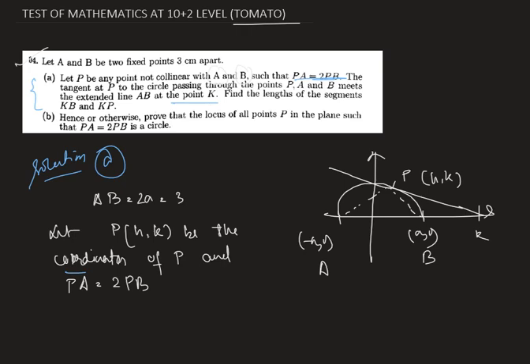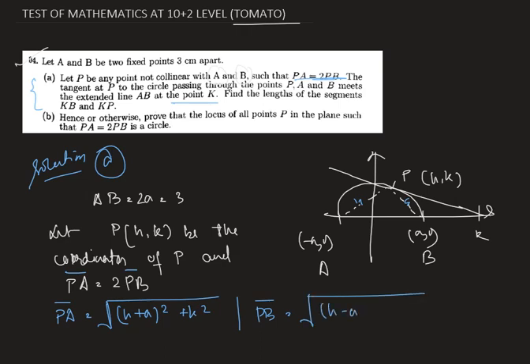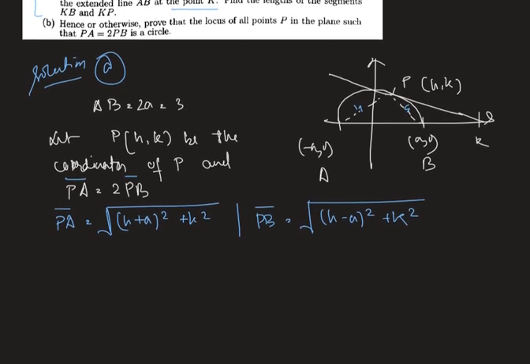Here PA and PB are the lengths of these two straight lines, so we can find the length of PA by the distance formula, which is root over h plus a whole square plus k square, and the value of PB is equal to root over h minus a whole square plus k square.